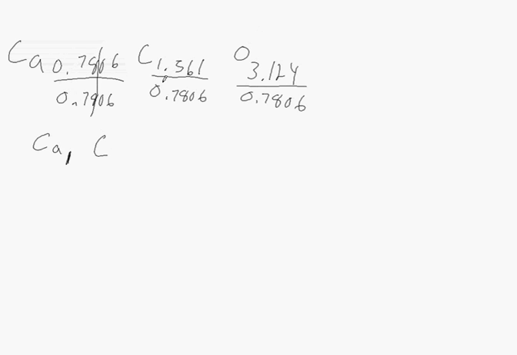Carbon, when we divide 1.561 by 0.7806, we get 2. And for oxygen, we get 4. So the formula for this would be CaC2O4. All right, that's our answer.